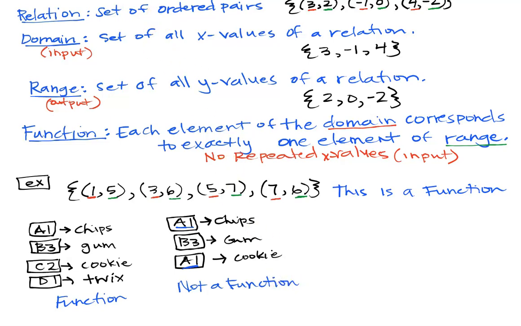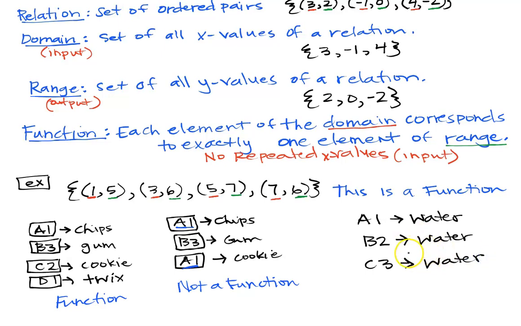Okay, let's think about just one more. You know how there are some vending machines that you go up to and all they have in them is water. All right, so whatever button you push, you're going to get water. So what do you think about that? Would that be a function or not? Because all of these waters are repeated. Right?